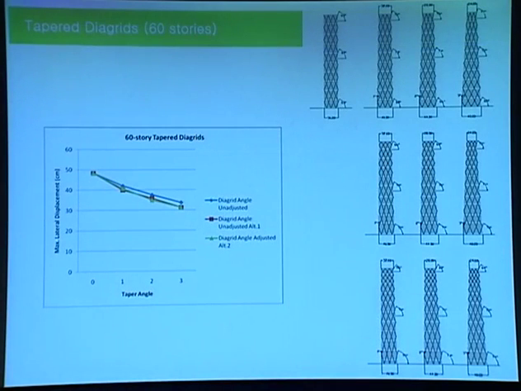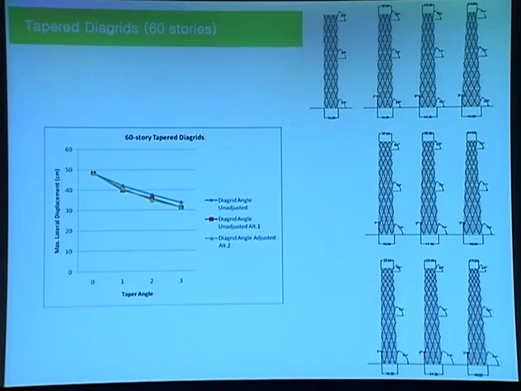Predicting the structural performance of a tapered tower in terms of lateral stiffness is pretty simple and easy: the lateral stiffness increases as the base becomes larger and the top narrower. But there are some considerations when a diagrid structure is used for tapered buildings.